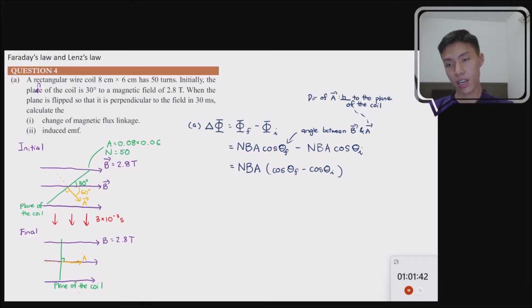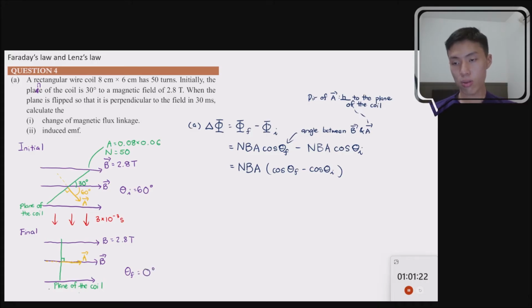If this is A and this is B, they are in the same direction, so the angle between them should be 0. Here you can make a conclusion: theta initial is equal to 60 degrees, theta final is equal to 0 degrees.